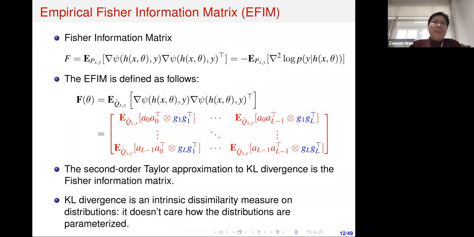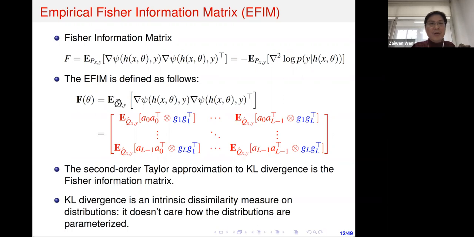So let's go into the detail. What is the Hessian matrix? The Hessian matrix is the expectation of a Kronecker-structured matrix, where psi is our loss function. Let's try to compute this in detail.